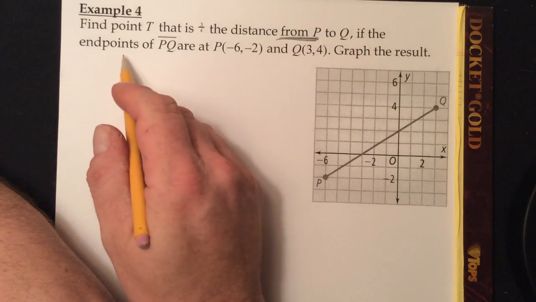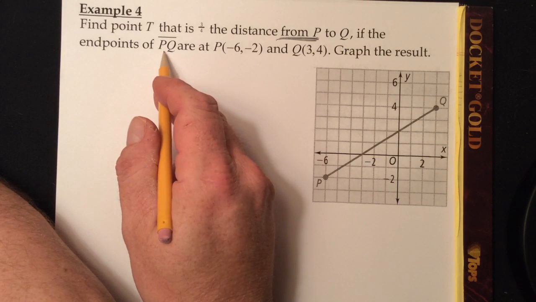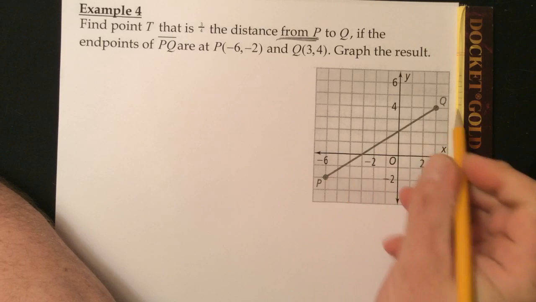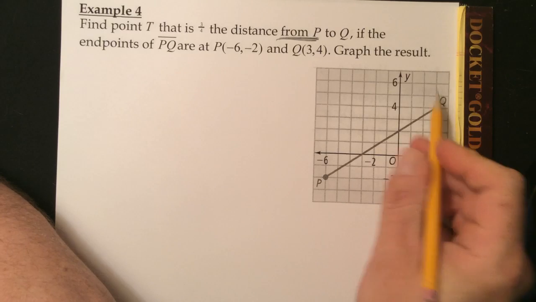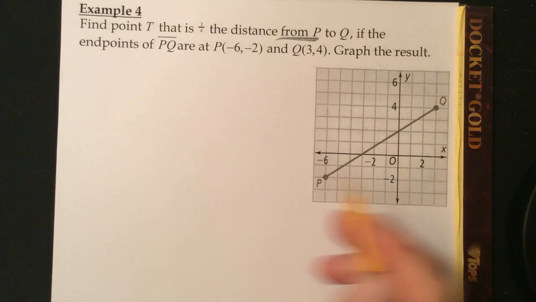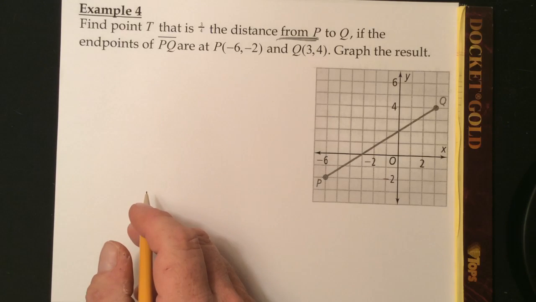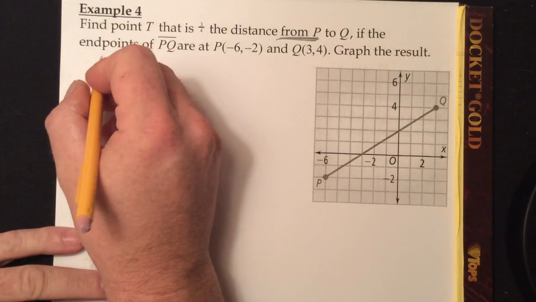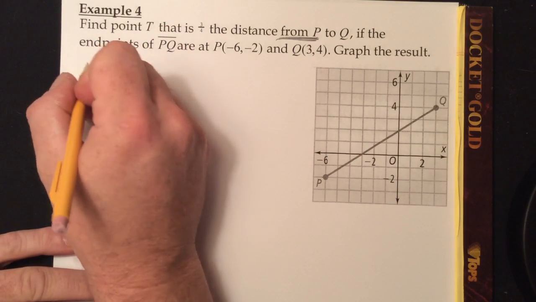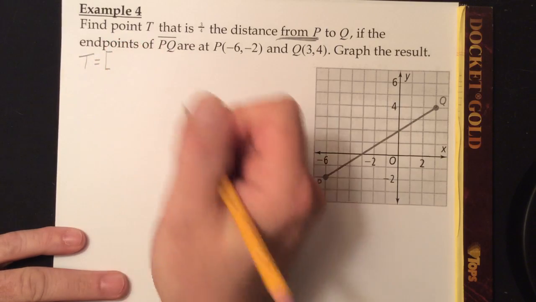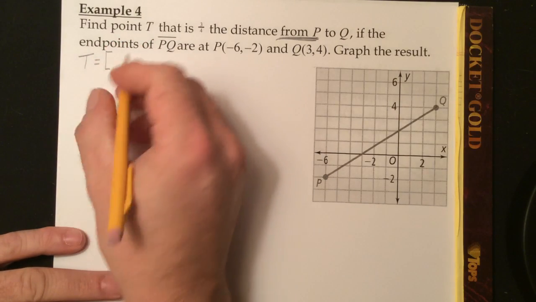We're going to do that if the endpoints of segment PQ are P(-6, -2) and Q(3, 4). And then they want us to graph the result. Okay, so we get started. What we do is we need K. Let's go ahead and write the formula down. T, what we're looking for, is an ordered pair. I'm going to start with brackets.